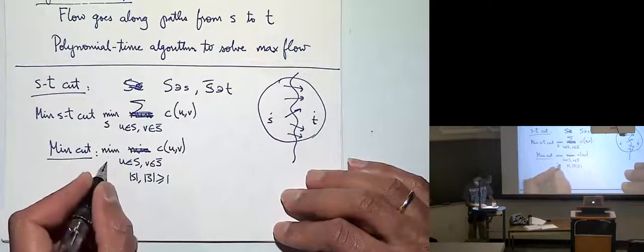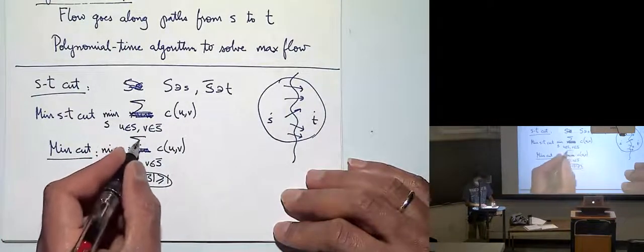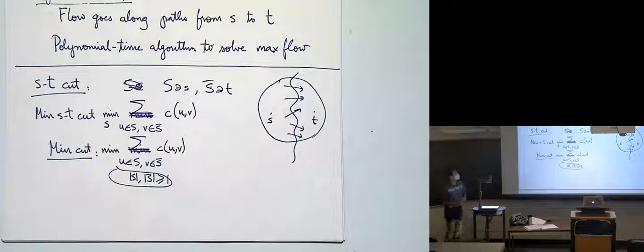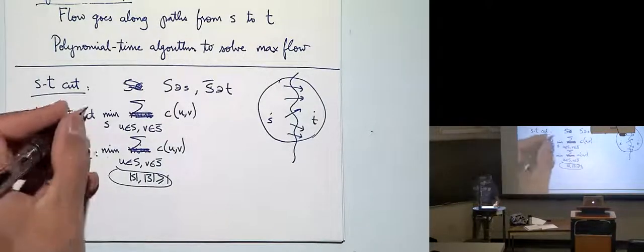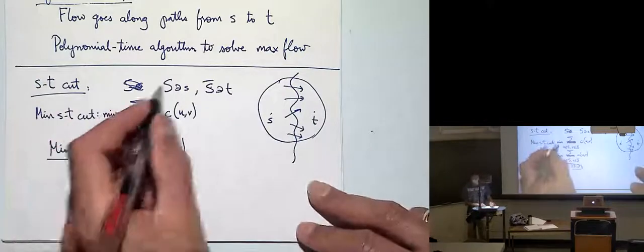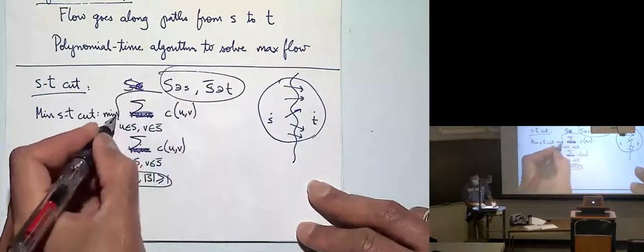Sorry about that. Over here, you're not minimizing over S and T. You're minimizing over all S that satisfy this condition. It's the ST cut, right? You're given S and T. You're minimizing over all S that satisfy this condition.